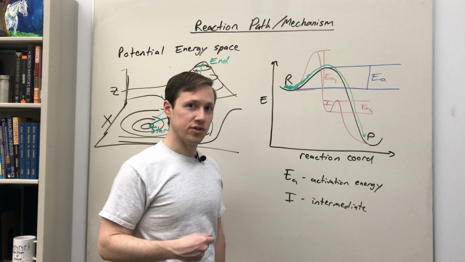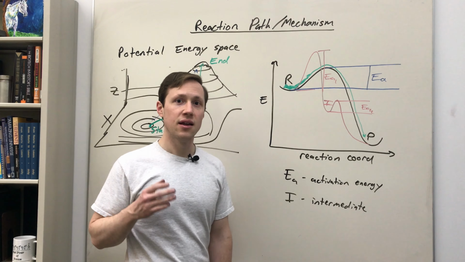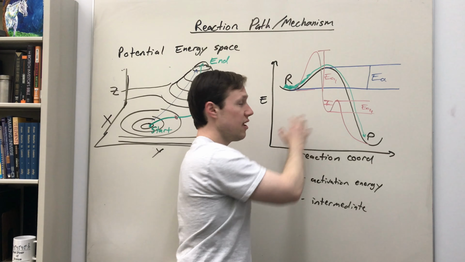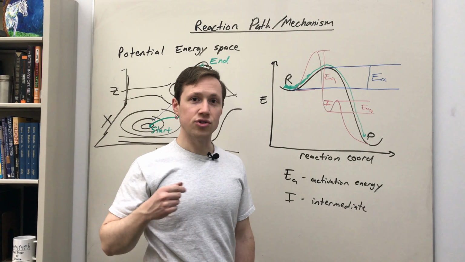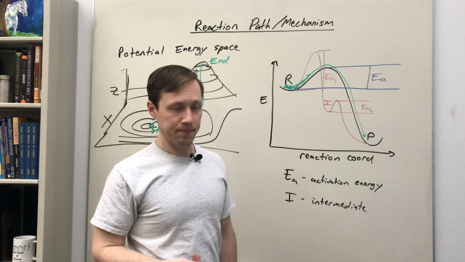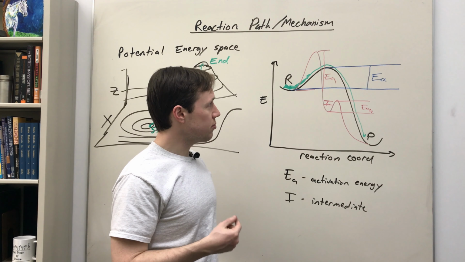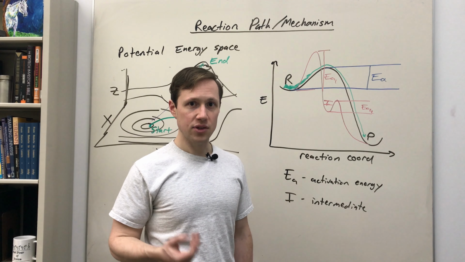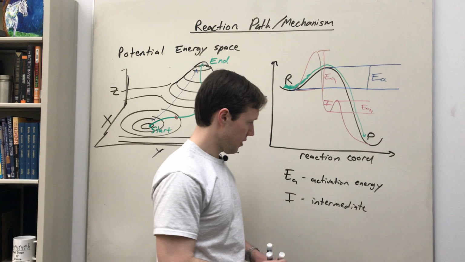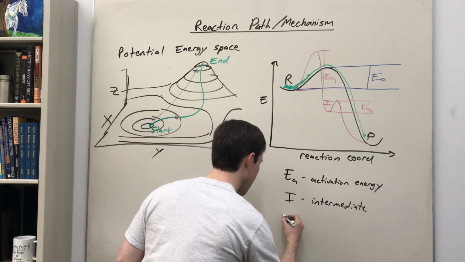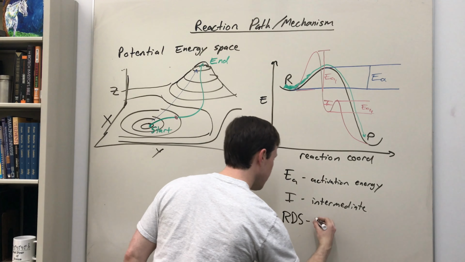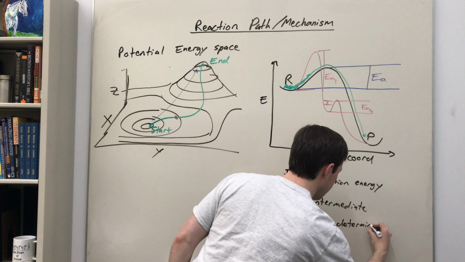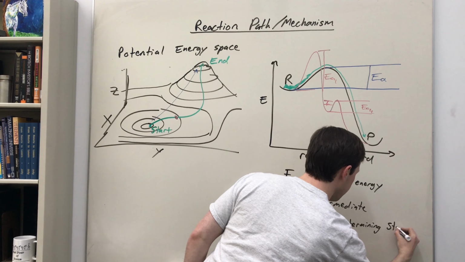One of the features that we observe is that when there are multiple possible steps, so for instance, in this red pathway, there are 2 steps in the reaction. When there are multiple possible steps, only the slowest step determines the rate. We will refer to that as the RDS, the rate determining step.